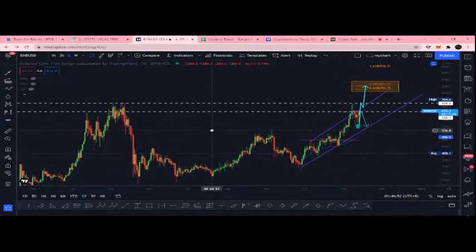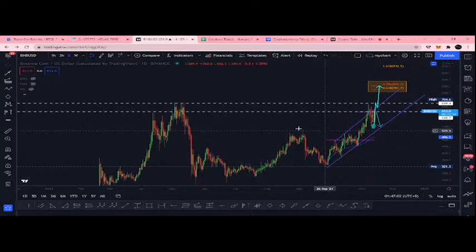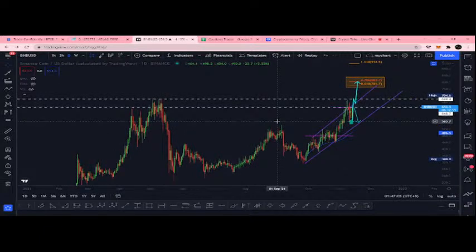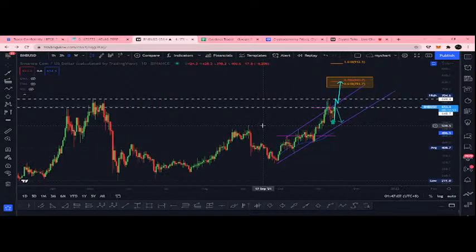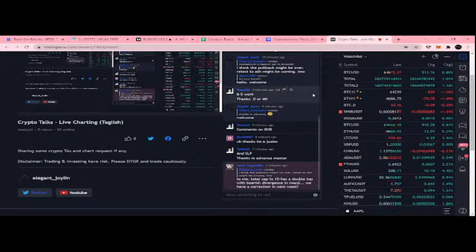The last time we checked this one, I think it's just trading within this area, below 500, I think. So anyway, I'll just watch out for it, kasi it's really at a very critical level. Breakout is needed for it to move higher.